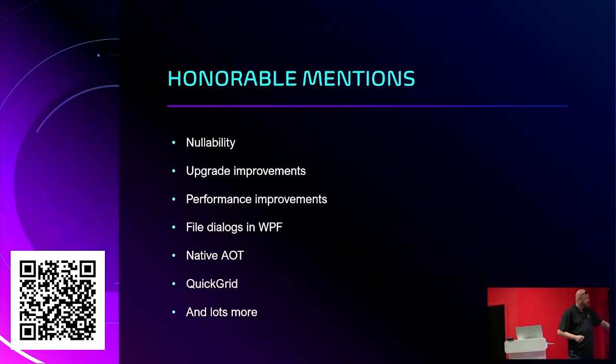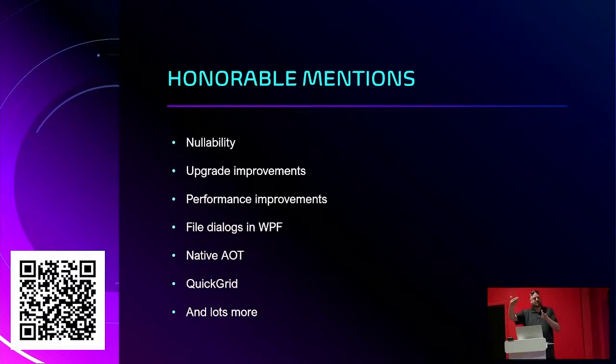It's awesome. Upgrade improvements. It's easier than ever to upgrade your application to .NET 9, .NET 10. With .NET 9, they've now extended the STS, standard term support version, from 18 months to 2 years of support. That may sound weird. What that does is it means that when you upgrade to .NET 10, you have 3 years of support.